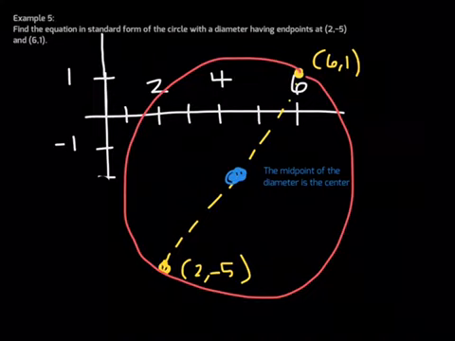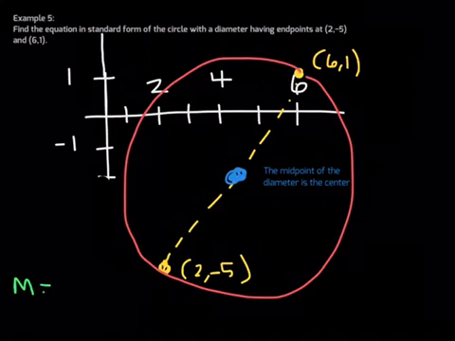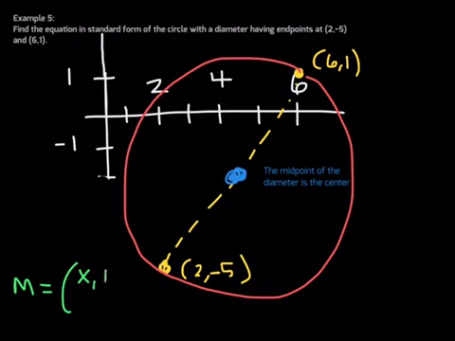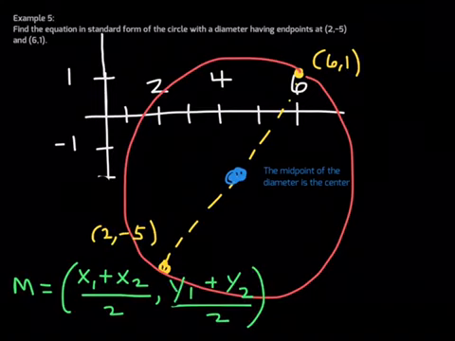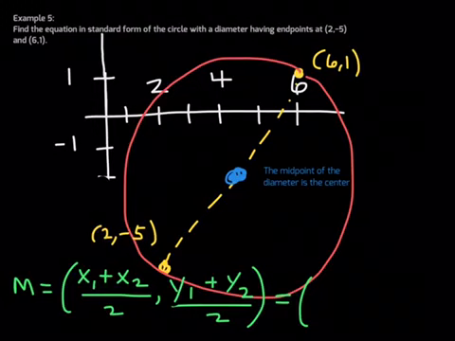All right, here's the midpoint formula, folks. The midpoint, I'm going to just call it M, is going to be the sum of your x coordinates divided by 2, and then the sum of your y coordinates divided by 2. So let's plug this stuff in. The midpoint: your x coordinates are 2 and 6.